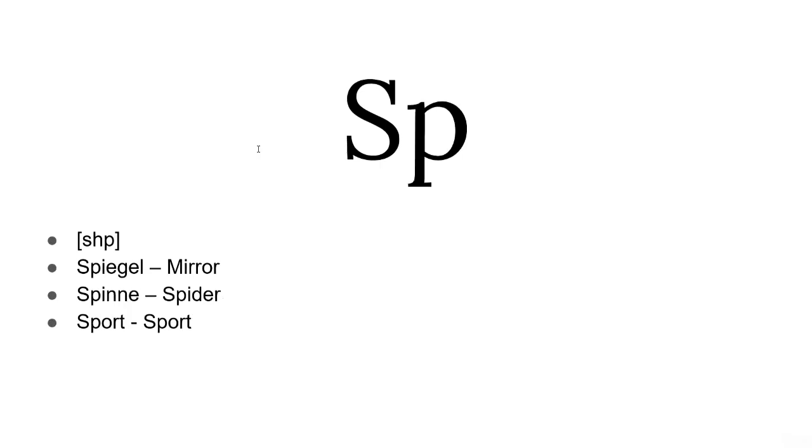The next one is Sp. When you see an S before a P, you have to automatically pronounce the S as sh, even if there is no C or H. The S is pronounced as sh as long as there is a P after it.